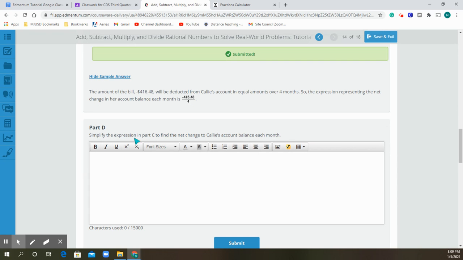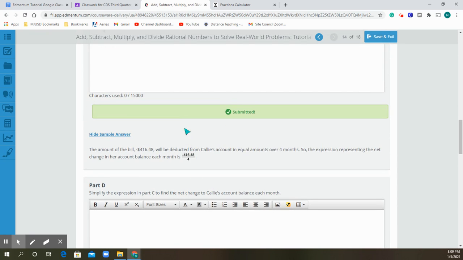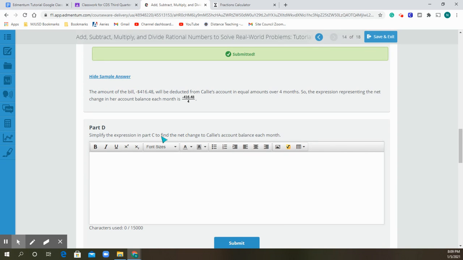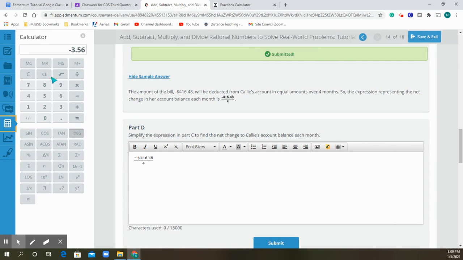Now it says simplify the expression in part C, that's this, to find the net change. So this is how much is going to come out each month. What is that number? So how do we solve that? We go back to our handy dandy calculator. We type in 416.48.